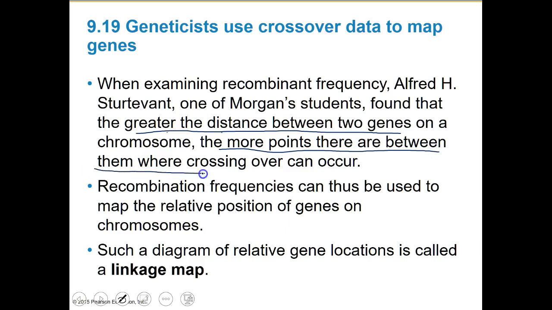So recombination frequencies can thus be used to map the relative positions of genes. So we can create a map of where these linked genes fit. We call that a linkage map.